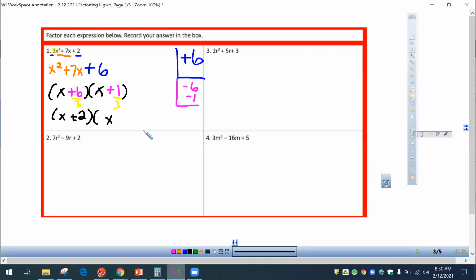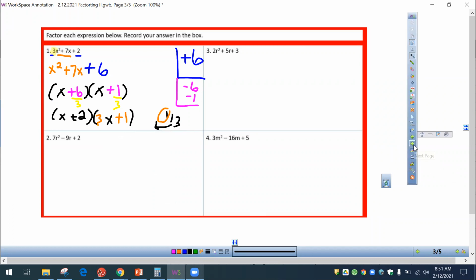So you get 1/3. So this 1/3, the 3 you'll move to the front. The other 3 gets moved right here. And then this 1 right here stays at the end. So if it's a fraction, when you try to reduce it, the 3 goes to the front and the 1 stays there.